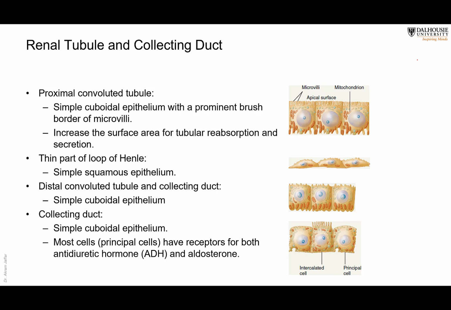So when aldosterone is secreted, there will be reabsorption of more salt from the collecting duct. And as the salt is reabsorbed, it's going to draw water with it. And this will increase the volume of blood, so this will increase the blood pressure.